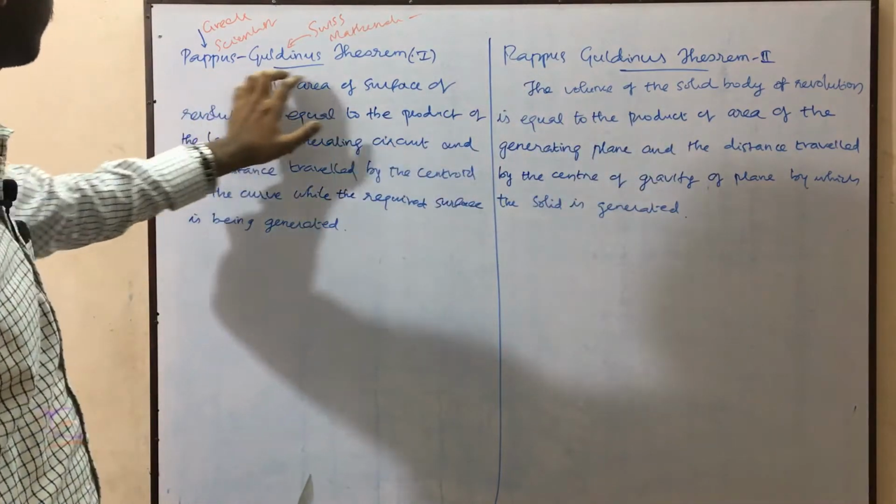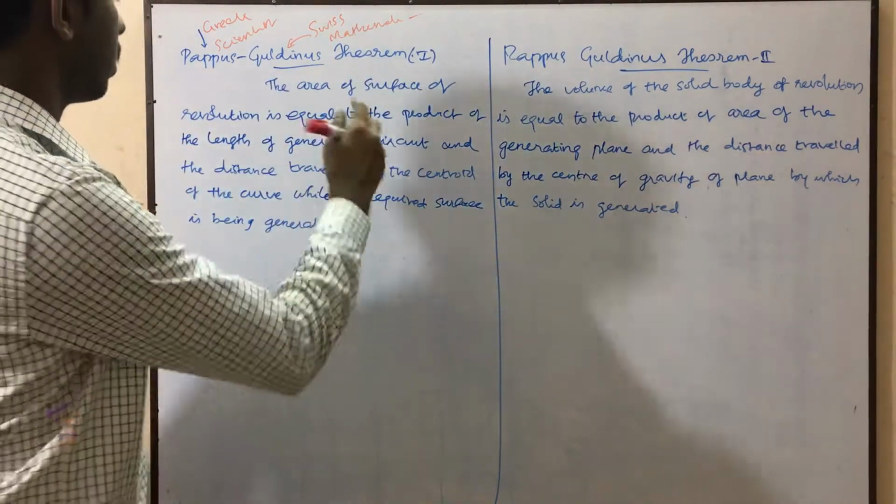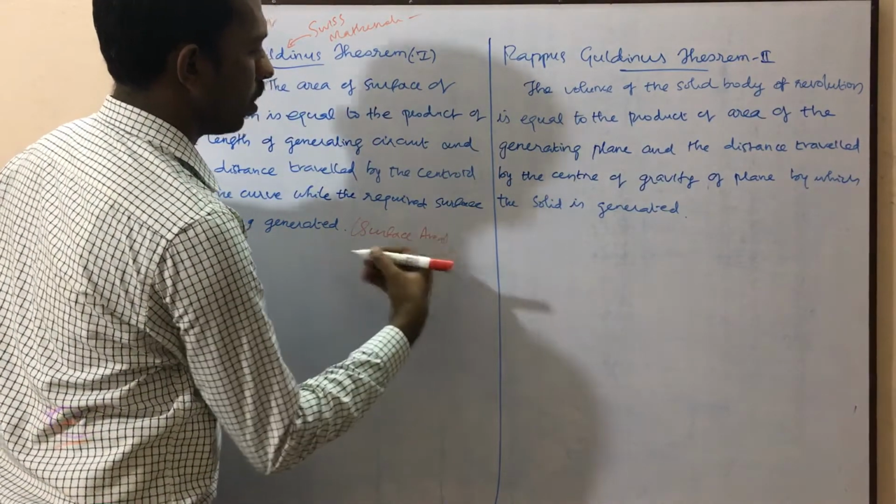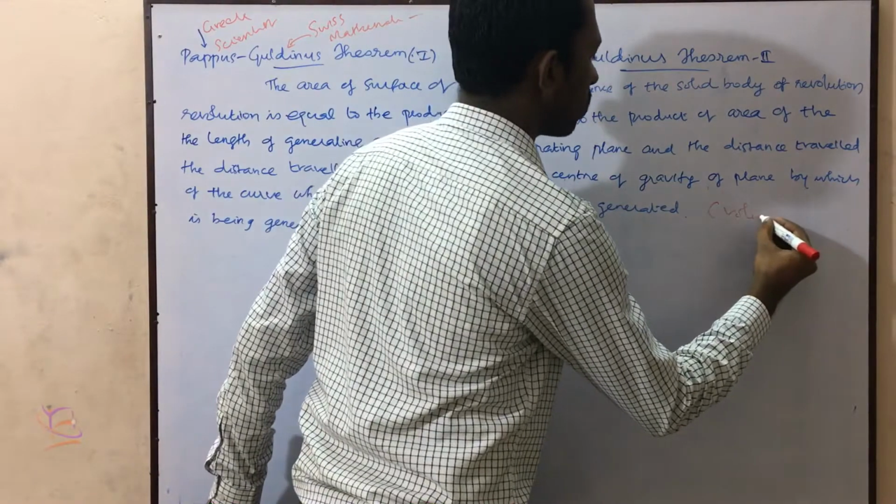So theorem 1 is for surface area, and theorem 2 is for volume.